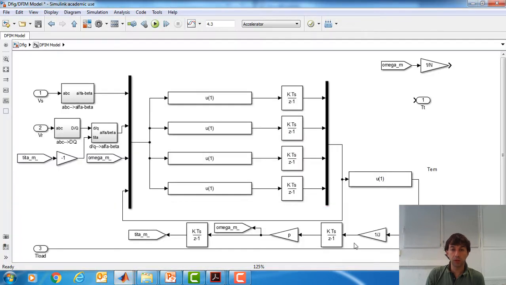Then we multiply the speed, which is in mechanical radians per second, by the pole pairs in order to obtain speed in electrical radians per second, and then we integrate in order to calculate the angle theta for the transformations.